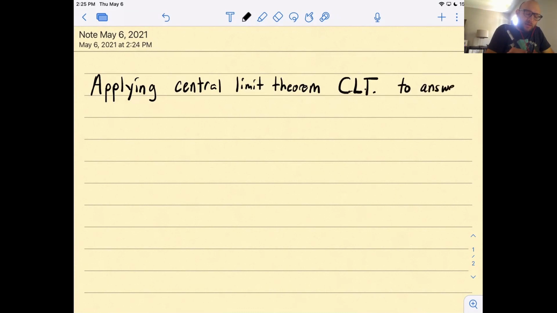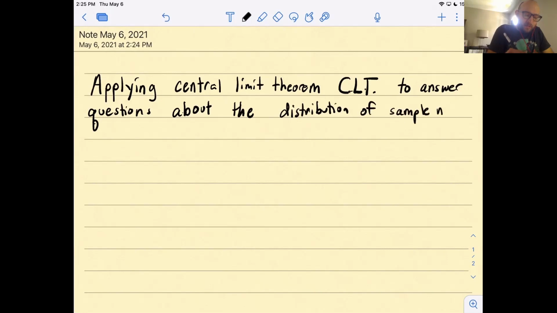answer questions about the distribution of sample mean x bar.